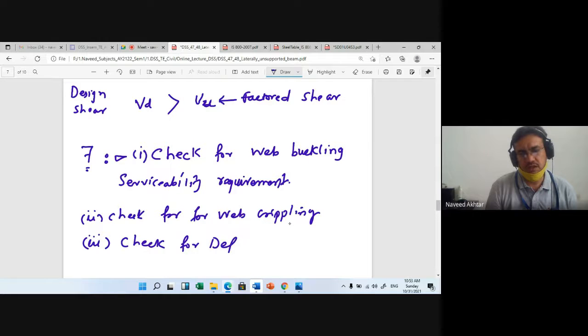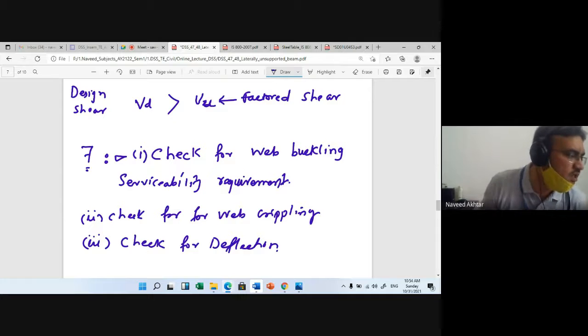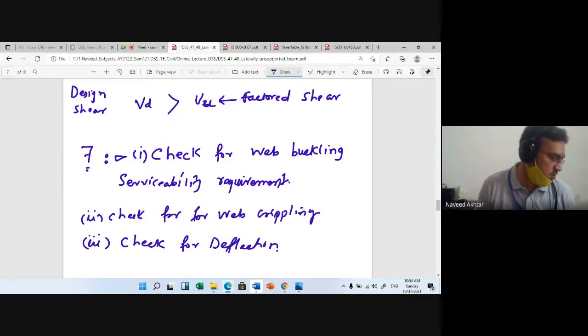All these three checks are for the serviceability check. Already we have seen how to find out the buckling check in previous examples, so you can easily do that.